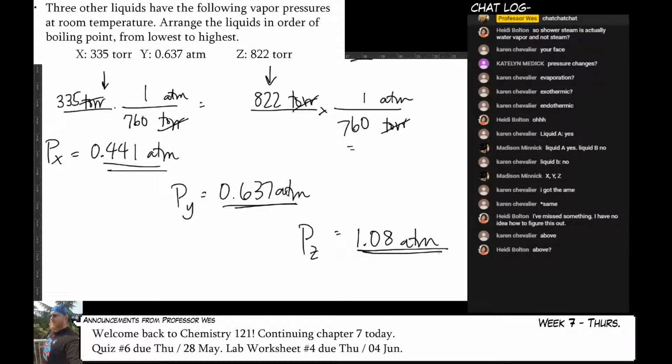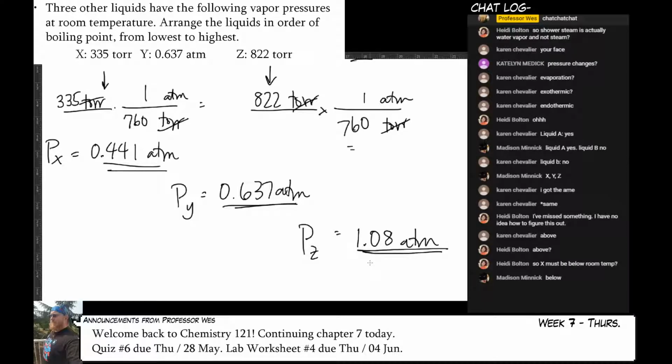So if these are our vapor pressures for these liquids at room temperature, this one is already above 1 ATM, and thus it will boil at this temperature, and it will actually boil at a lower temperature than room temperature. So X is currently at room temperature, because they all are at room temperature. But it would boil at a lower temperature than room temperature, because it would still have 1 ATM of pressure, even if you cooled it down slightly.